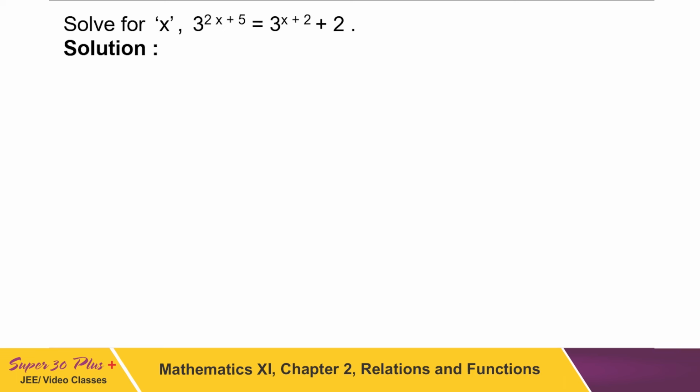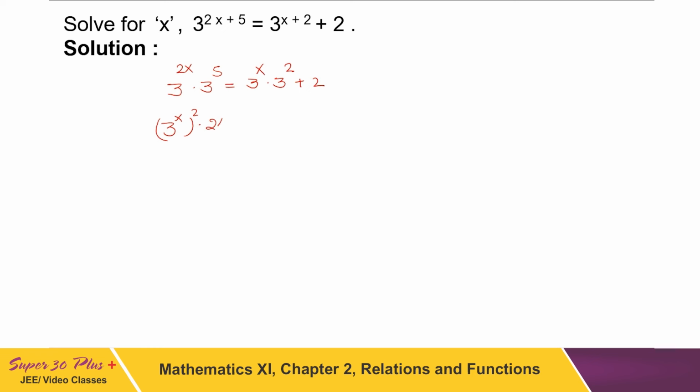It is 3 to the power 2x plus 5 is equal to 3 to the power x plus 2, plus 2. Now simplify it. It will become 3 to the power 2x into 3 to the power 5 is equal to 3 to the power x into 3 to the power 2, plus 2. Now it is (3 to the power x) whole square into, what is 3 to the power 5?